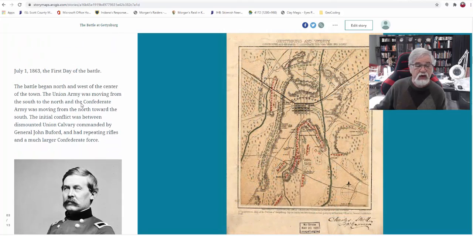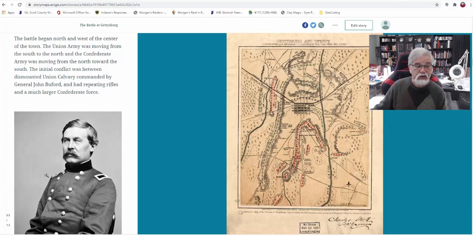Here's another historical map, and we've also brought a picture of a player in this battle into the presentation. This is General John Buford, a Union cavalry officer who first engaged the Confederates on the northwest area of the city of Gettysburg, and his men had repeating rifles which gave them a much more rapid firing than the Confederates with muskets.